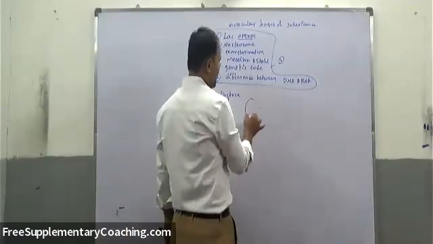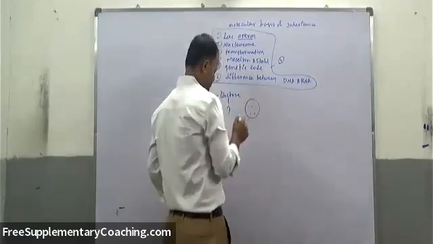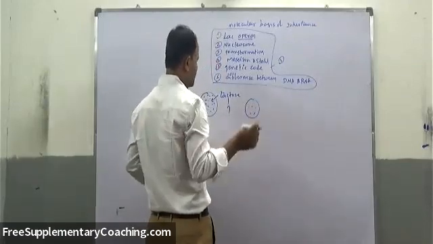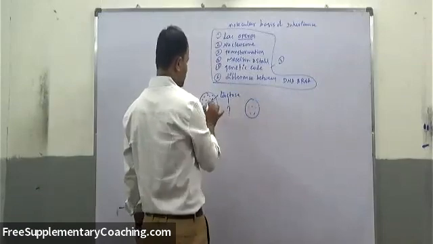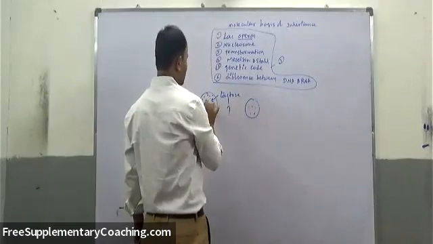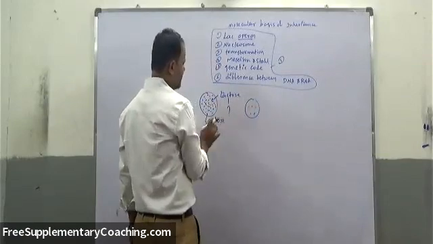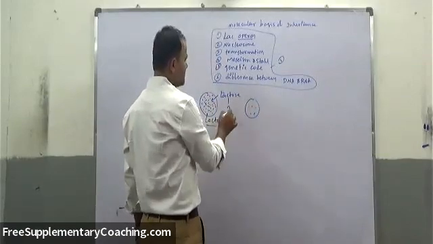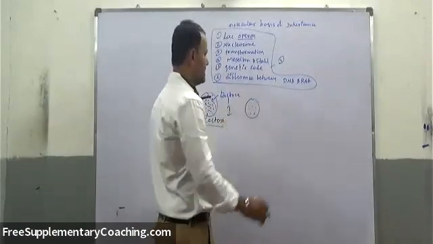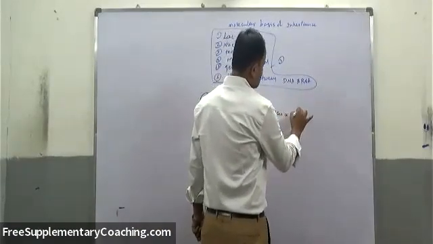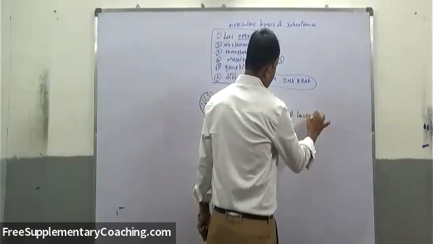Or in the absence of lactose, when we do not give lactose to the bacteria, what happens to their metabolism? These black colored dots are lactose. In the presence of lactose, what happens in their metabolism? And in the absence of lactose?